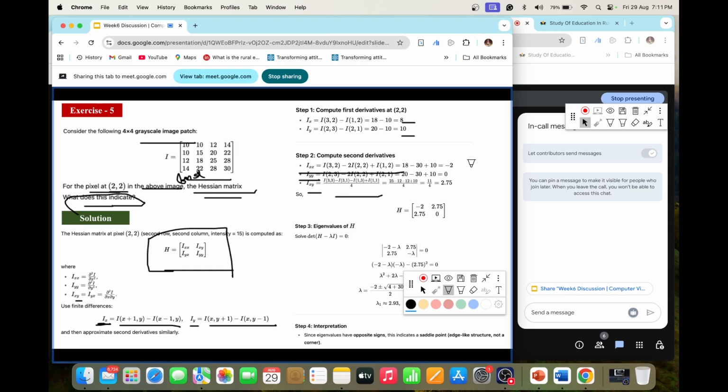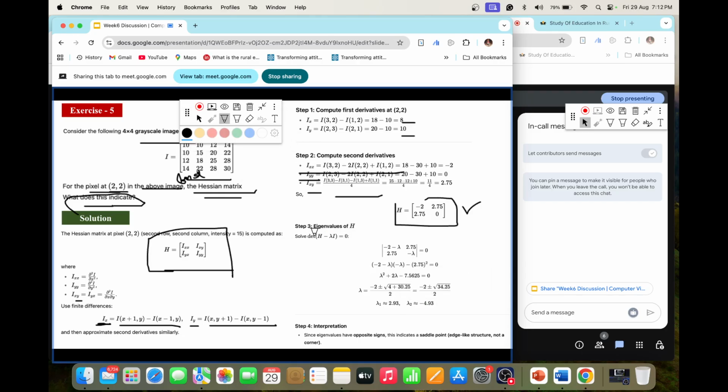Once you got this, you got the matrix, that is the Hessian matrix. Once you got the Hessian matrix, same thing again: you do H minus lambda and find the two lambdas. You can see one lambda is large and the other is very small, so you can say this is an edge-like structure.